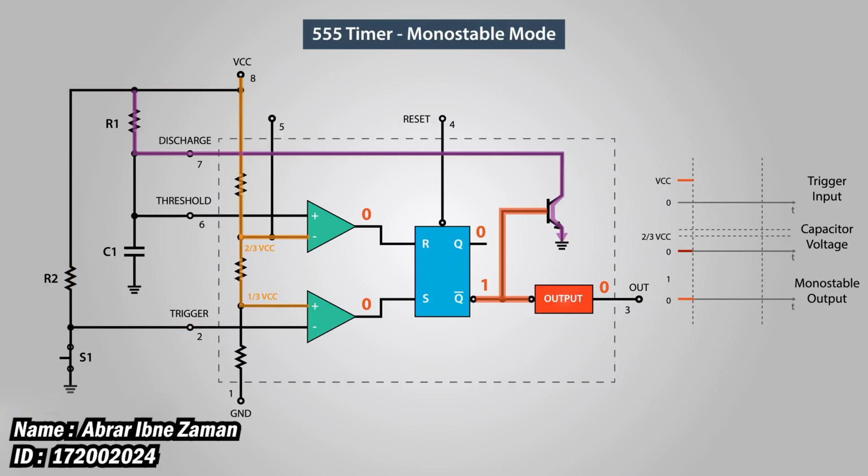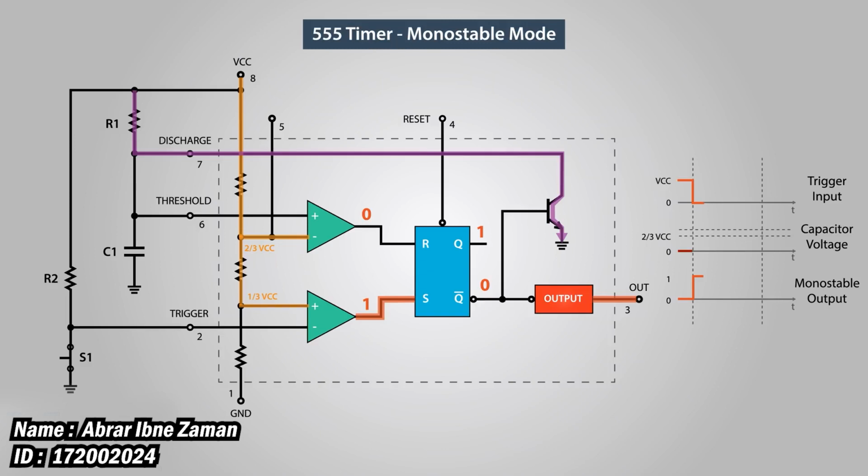That will ground the trigger pin, so the input state will be 0. Thus the comparator will output 1 to the S input of the flip-flop. This will cause the Q bar output to go low and the 555 timer output high.